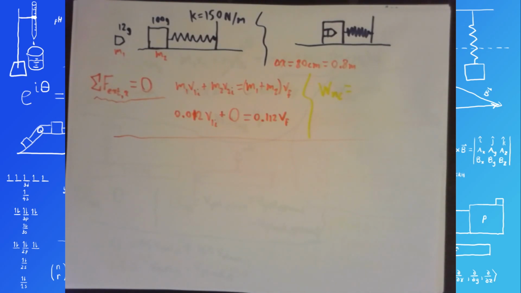So that's not going to be a problem. There's no friction because we were told it was a frictionless surface, so we don't have to worry about that. No air resistance either. That only leaves the spring force, and the spring force is a conservative force. Conservative forces: gravity, electricity, magnetism, and springs. And even with springs, they have to be springs that obey Hooke's law, not just any random spring.